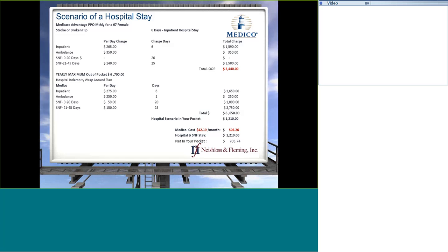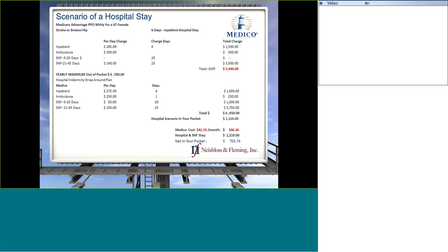So with this policy, they would receive a check from Medico for over $6,600 and basically net out, in terms of the copay cost on the Medicare Advantage plan versus what they received from the HIP, ahead $1,200. Now, the premium on this plan, looking at what it would cost through Medico, would be about $42.19 a month.